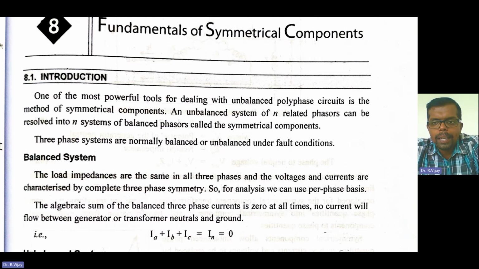If you practically calculate this unbalanced polyphase circuit, solving the problem is very complex. So with the symmetrical components, we consider that the phase shift between the phases, say for example A, B, and C phase, is equal, like a 120-degree phase shift, and then we solve the problem.